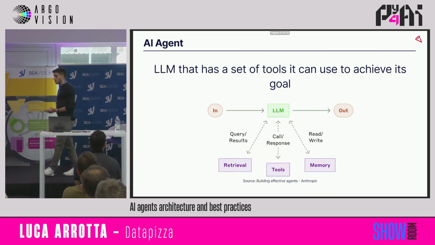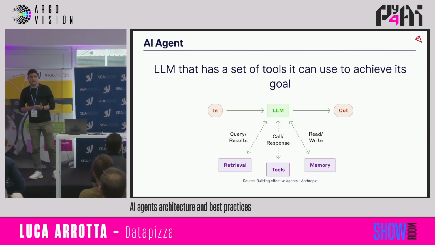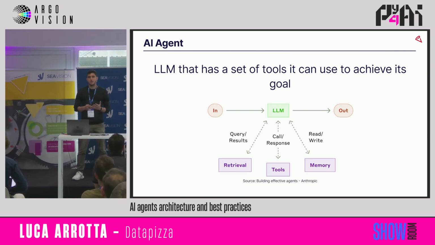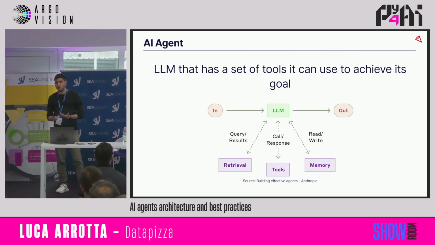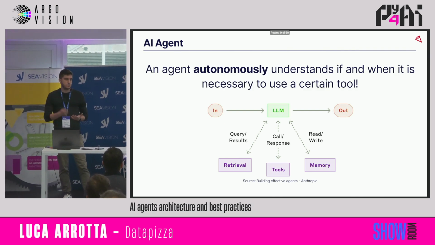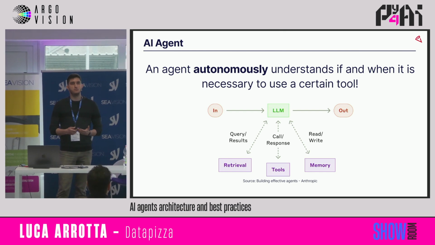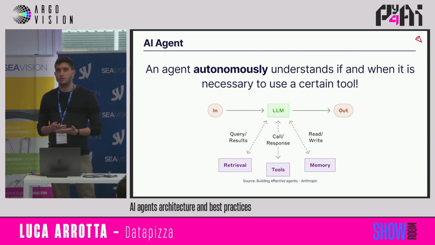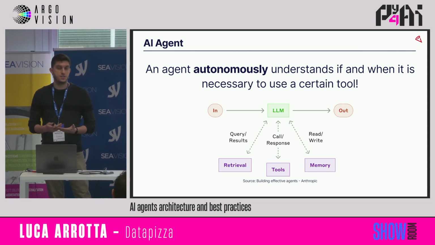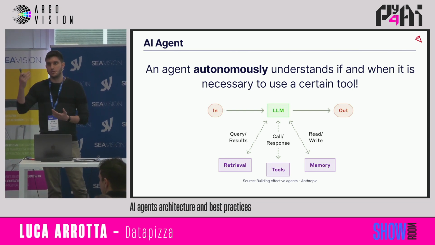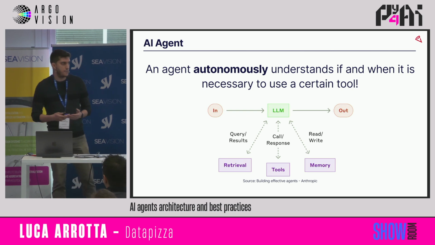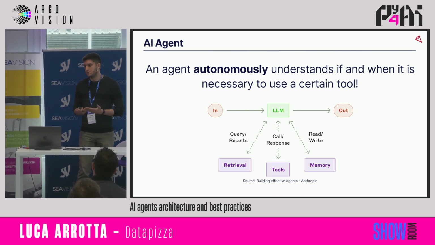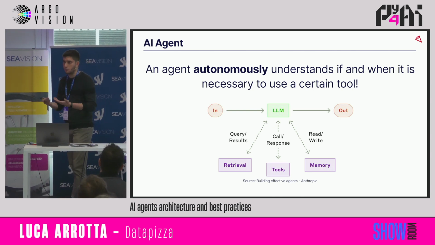Now, what about AI agents? An AI agent basically is just an LLM that has a set of tools. And this LLM, autonomously, will decide when and if it is necessary to use these tools during the whole conversation. And what is a tool? A tool can be actually anything that we can build by writing Python code, in this case.